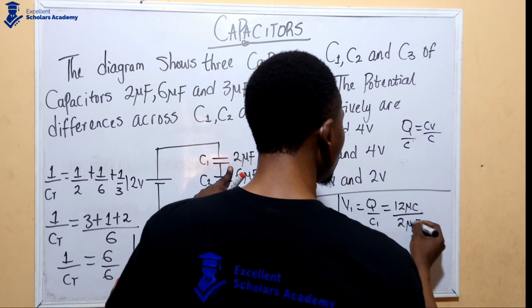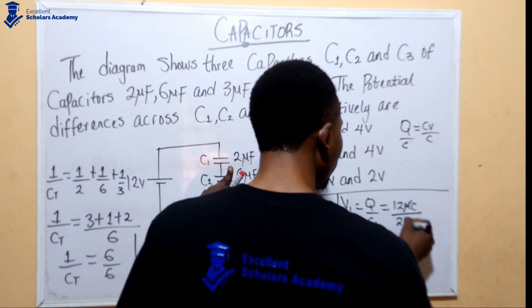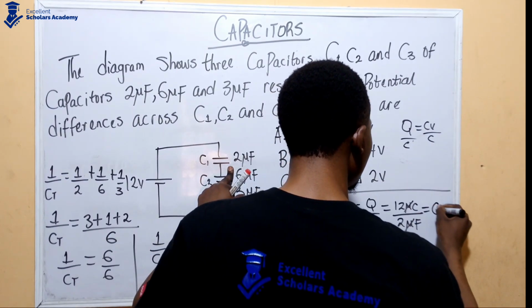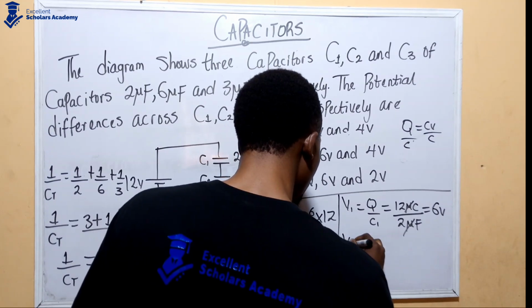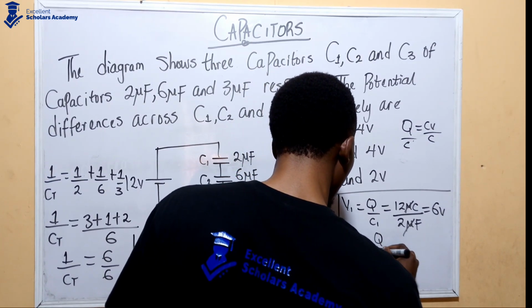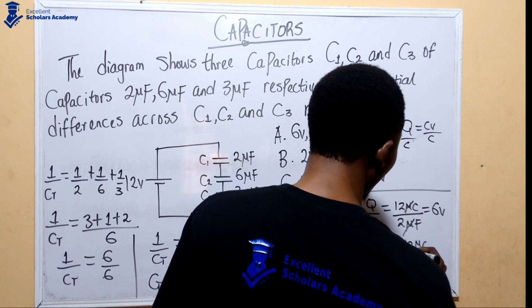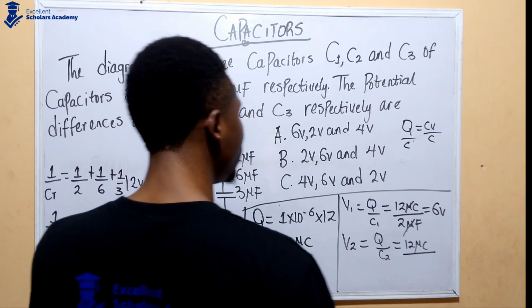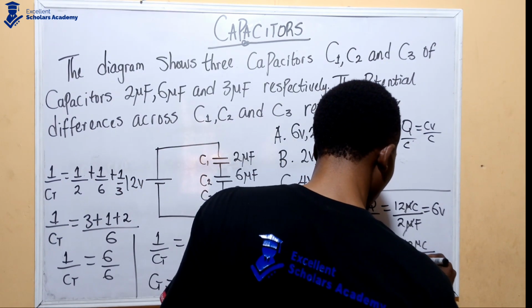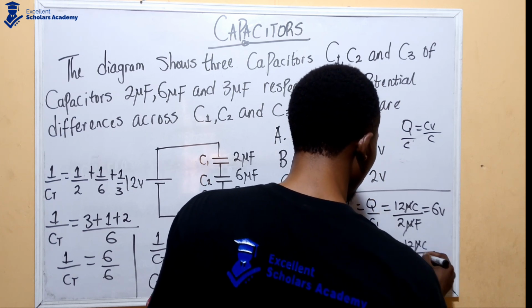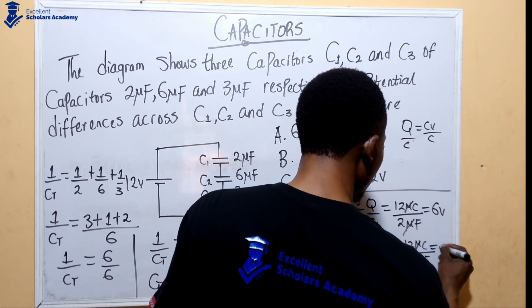Micro takes away micro, and 12 divided by 2 gives us 6. So this is going to be 6 volts. Now V2 is going to be equal to Q over C2. So this is 12 microcoulombs over 6 microfarad. Micro takes away micro, and 12 divided by 6, of course, gives you 2 volts.